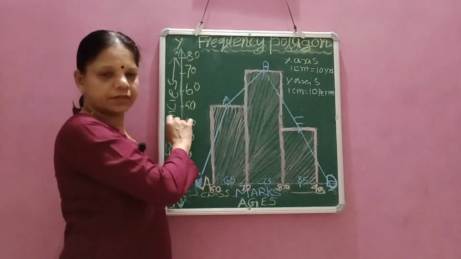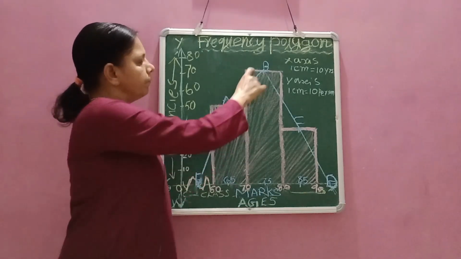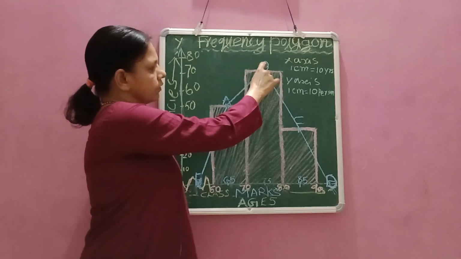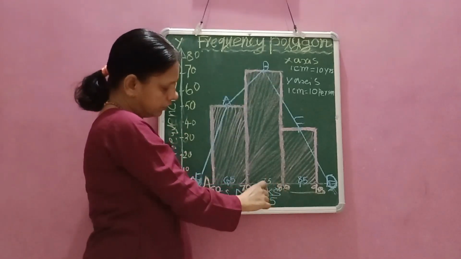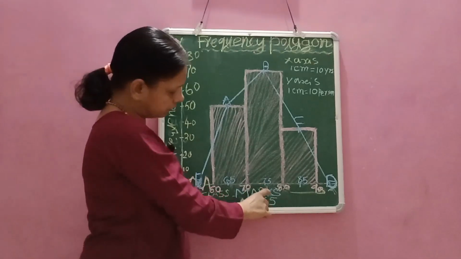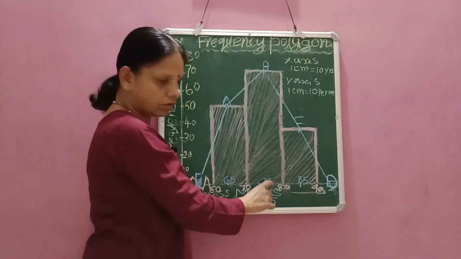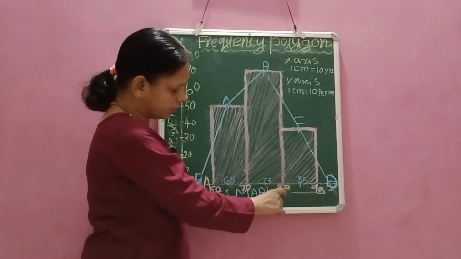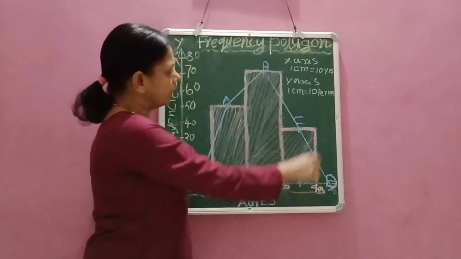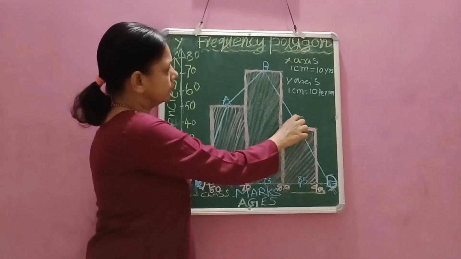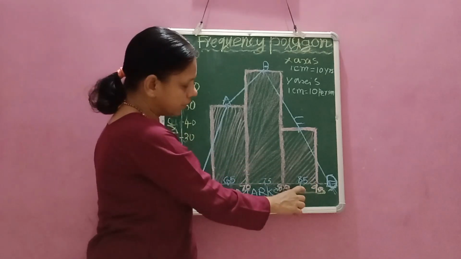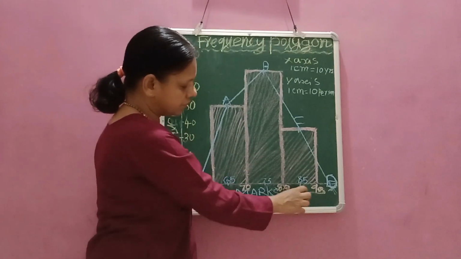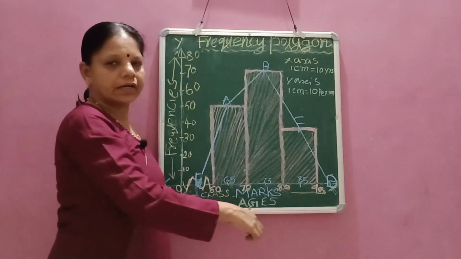Point A represents that and point B represents the frequency corresponding to the class mark 75 of the class interval 70 to 80, and the point C represents the class mark 85 of the class interval 80 to 90.